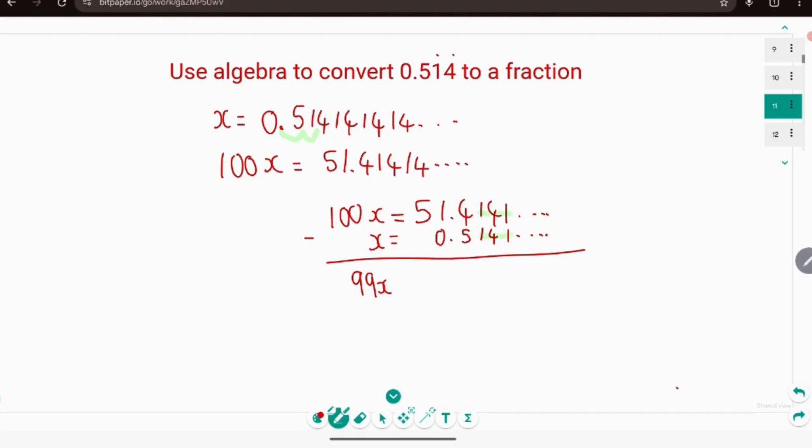What is 51.4 subtract 0.5? 50.9. Make x the subject. Multiply both by 10 to get rid of that decimal. Put it into the calculator to see if it simplifies. Doesn't, but I can check my answer is correct.